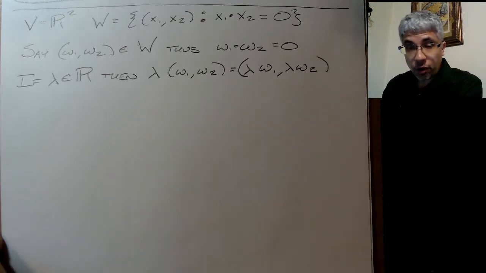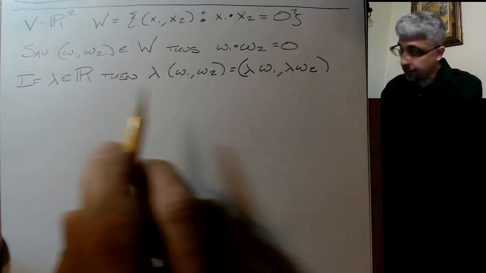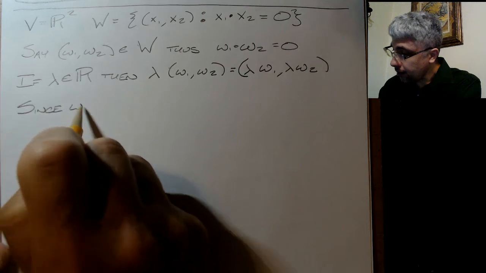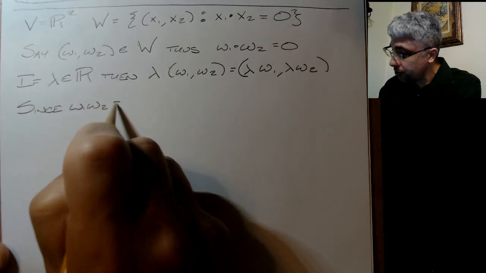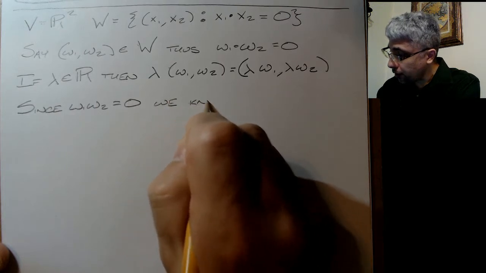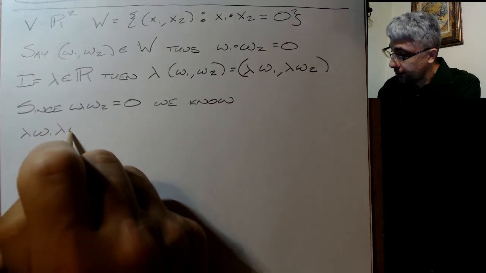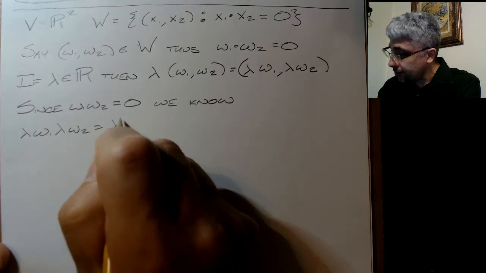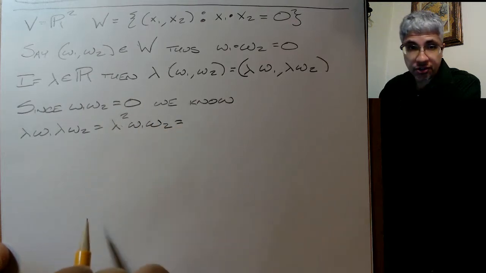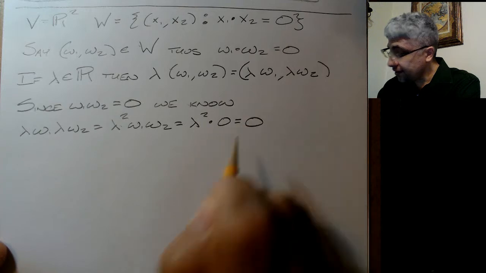Now, what do I have to check? I want to check, is this in W? Well, since w1 w2 is 0, we know lambda w1 times lambda w2 is equal to lambda squared w1 w2, which is lambda squared times 0, which is 0.